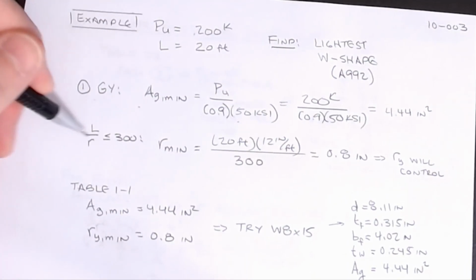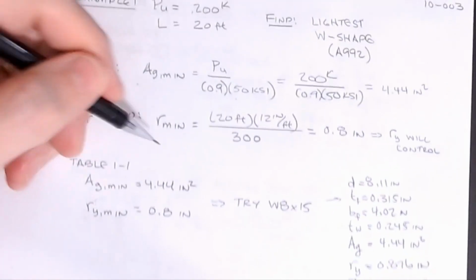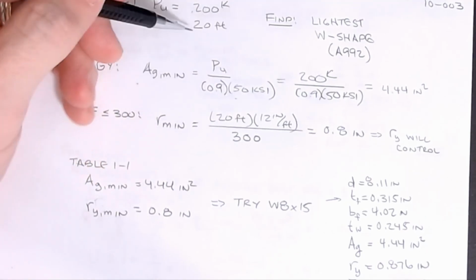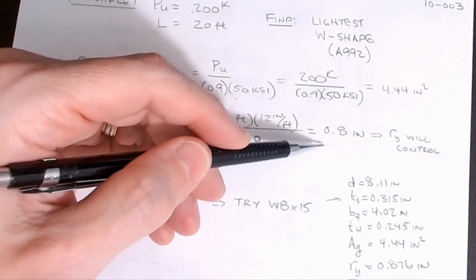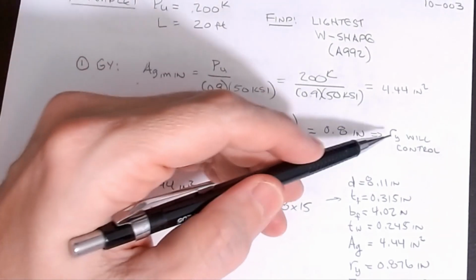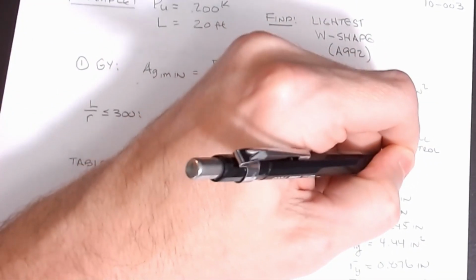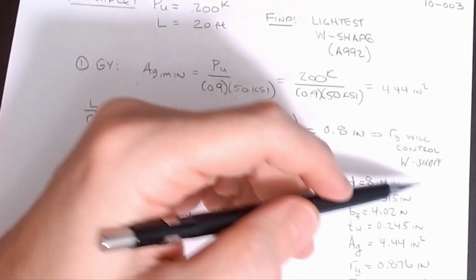Then I also look at the serviceability criteria at the same time: L over r less than 300. Our r minimum is 20 feet, the length of the member, multiplied by 12 divided by 300, which tells me I need an r minimum of 0.8 inches. For an I-beam, we know r_y will control for a W shape. If you're doing some other shape, that may or may not be the case.